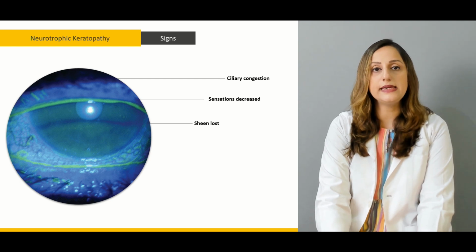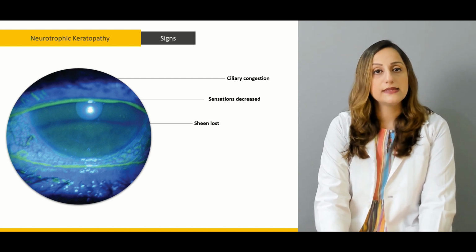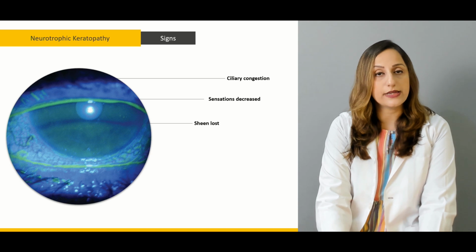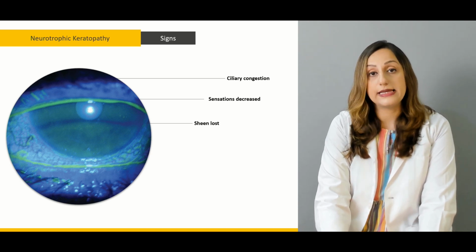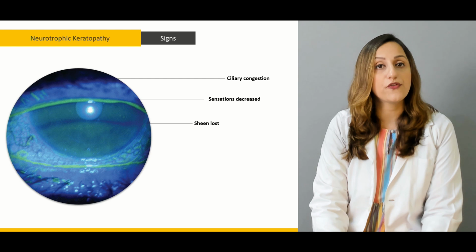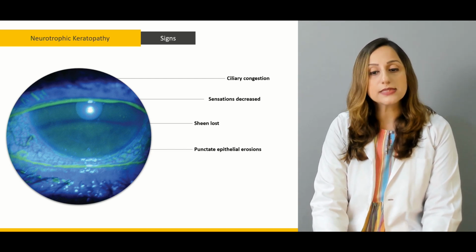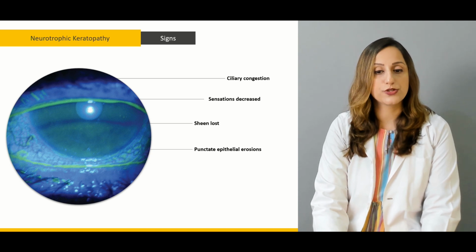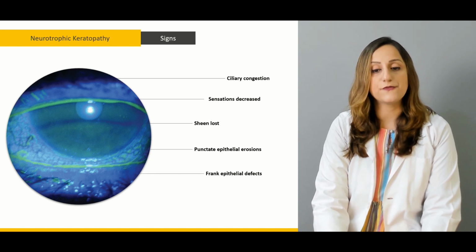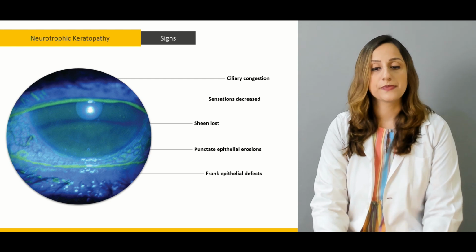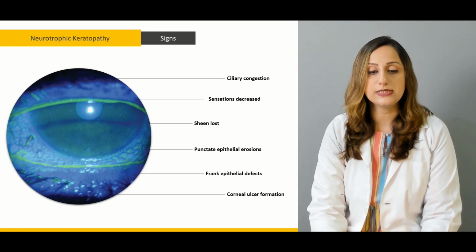Sheen is basically the transparency, the sparkle that is present in the cornea. So we'll have a dull sheen observed in these patients of neurotrophic keratopathies. Punctate epithelial erosions are also observed in these patients, as well as frank epithelial defects.